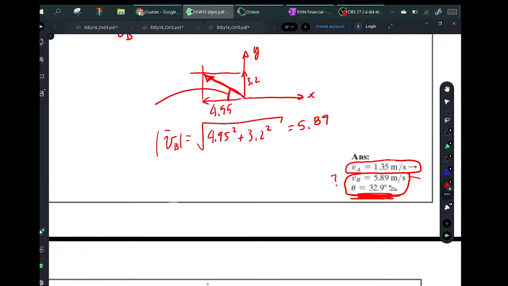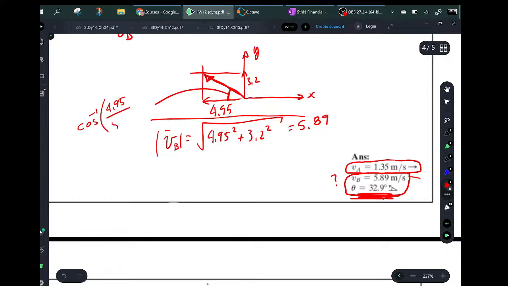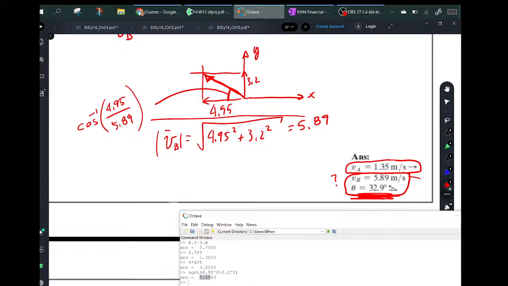I like to stick, when I can, with cosine inverse of 4.95 over 5.89. Now let's see. Okay.